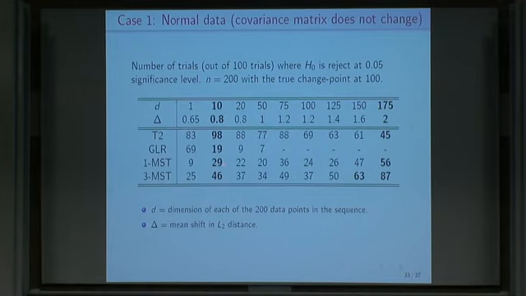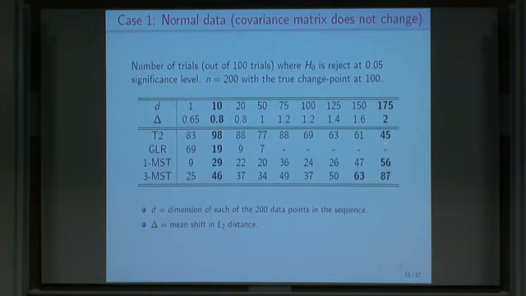At dimension 10, the graph-based test is already better than the generalized likelihood ratio test in this case. The one based on the Hotelling T-square is doing pretty good. And we see here at around dimension 125, this type of graph-based test catches up. And at dimension 175, this graph-based test is doing better than the Hotelling T-square.